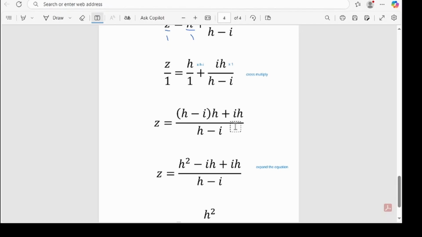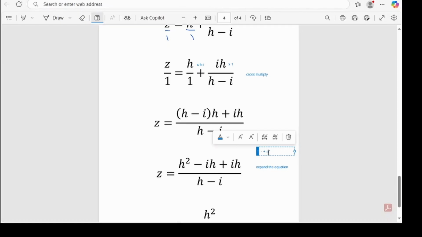Okay, and in mathematics, one rule is that negative and positive gives negative.